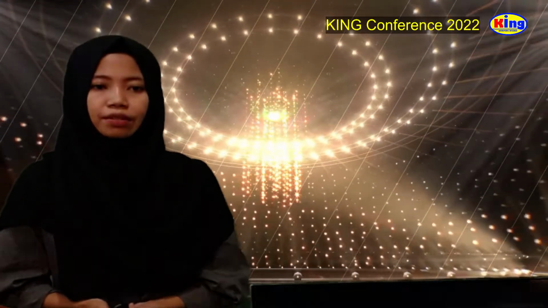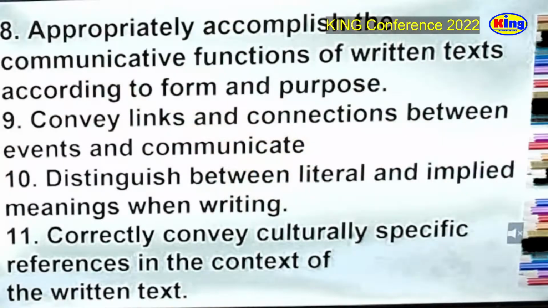And then what about macro skills? Use cohesive devices in written discourse, and then use rhetorical forms and conventions of written discourse. Appropriately accomplish the communicative functions of written text according to form and purpose.